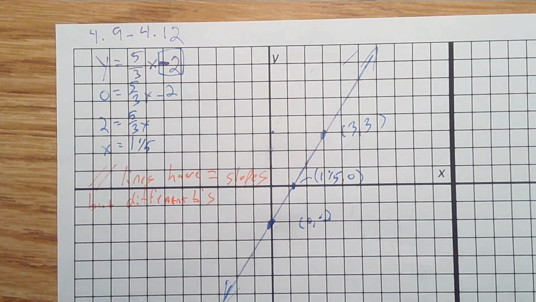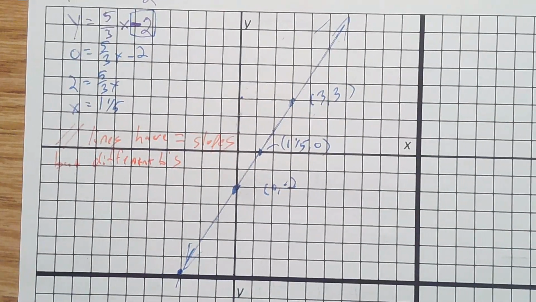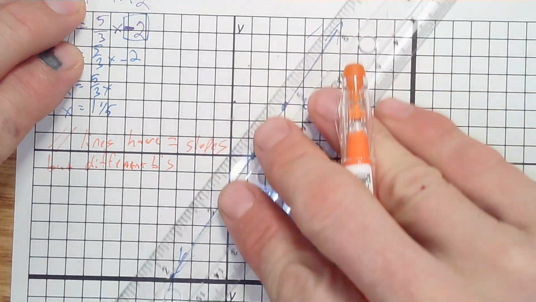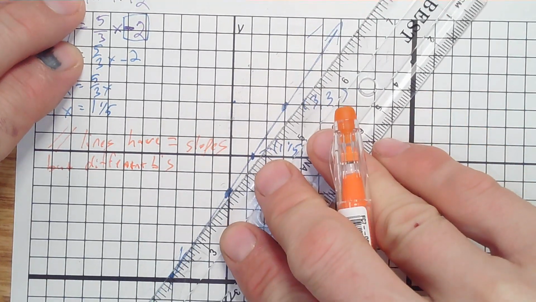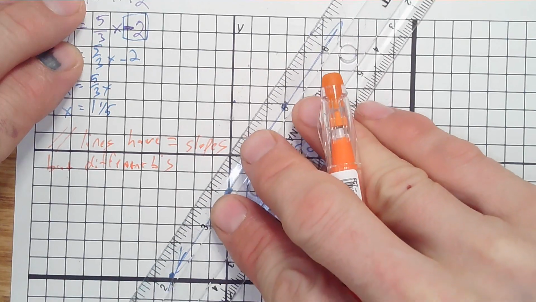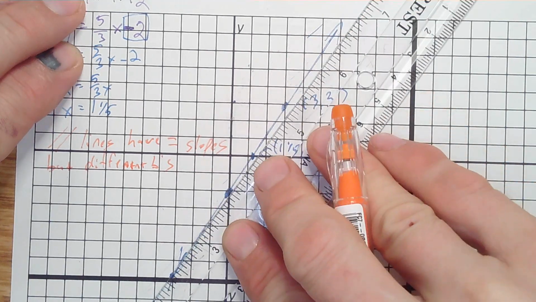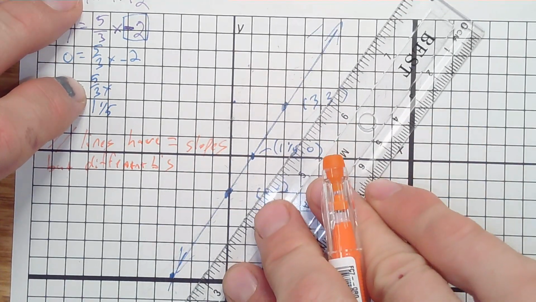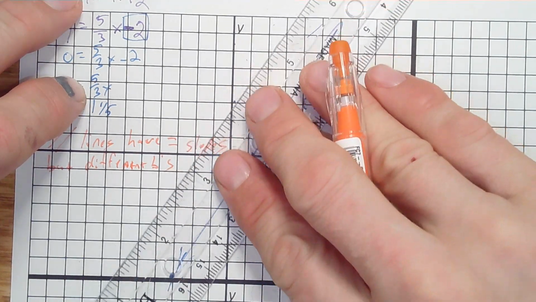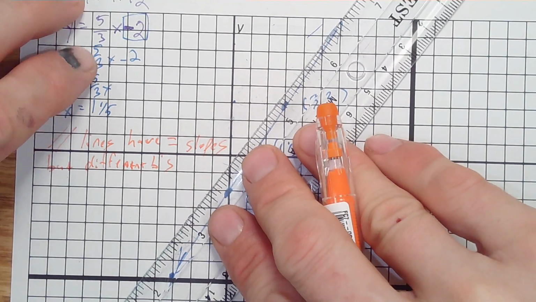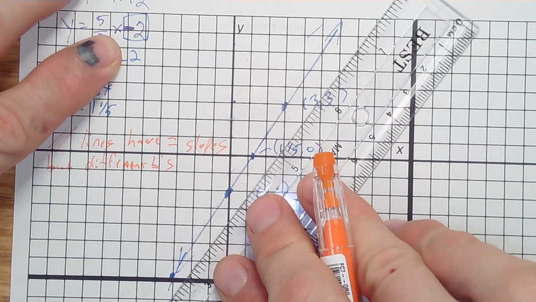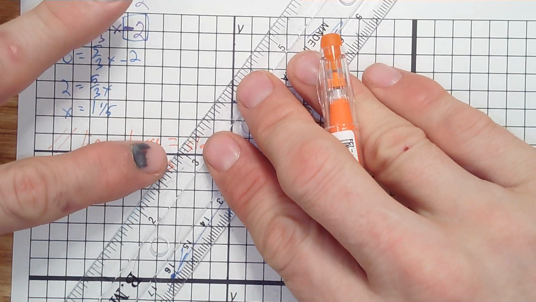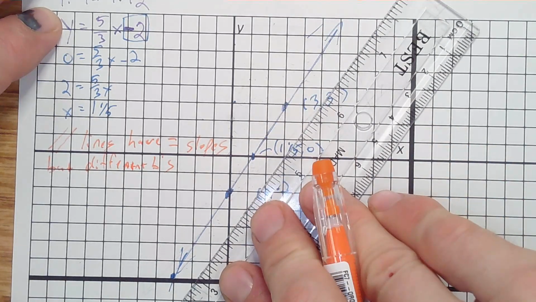Say I wanted to shift this line up or down. The slope would stay the same, it goes up 5 and over 3. But the line shifts one way or the other, so the only thing that changes is where it intercepts the y-axis, and the x-axis for that matter. But the slope stays the same.